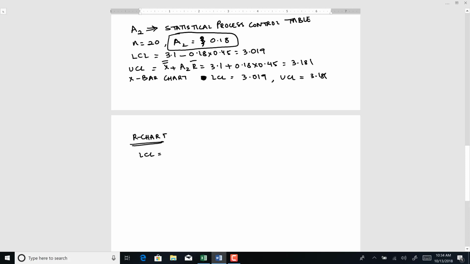We have R bar, which is 0.45, that we calculated. So we need D3 and D4. Again we will go to our statistical process control table and look for D3 and D4 at n equal to 20.